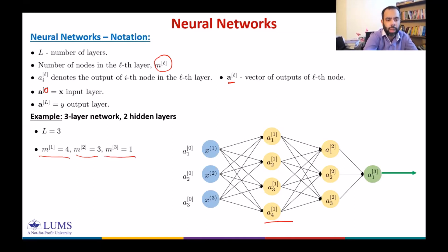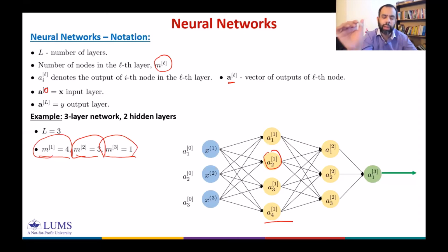Number of neurons in the third layer, output layer, number of neurons in the second hidden layer, number of neurons in the first hidden layer. Right? So a subscript 2 superscript 1, this is the output of the second neuron in the first hidden layer, right?